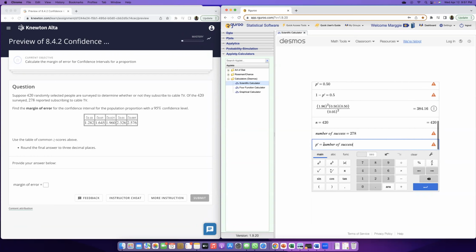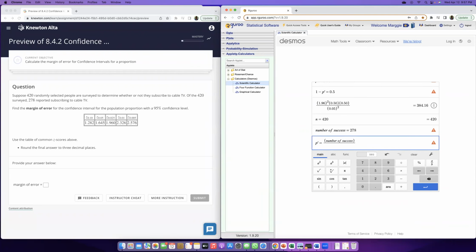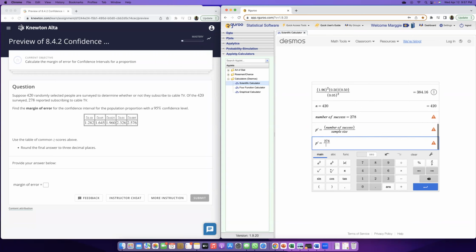The number of successes over the sample size. So P estimate is going to be 278 over 420.